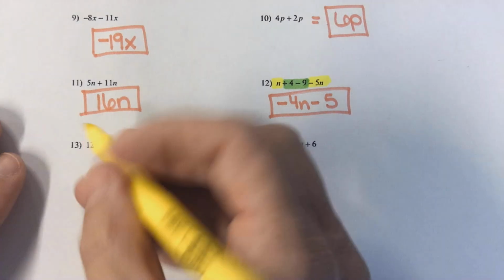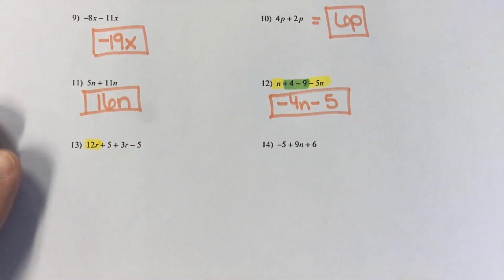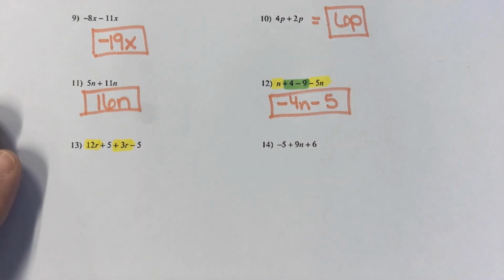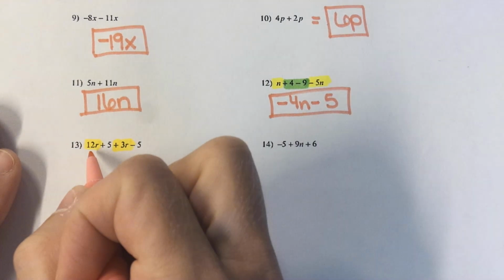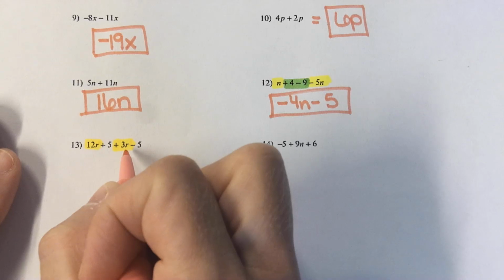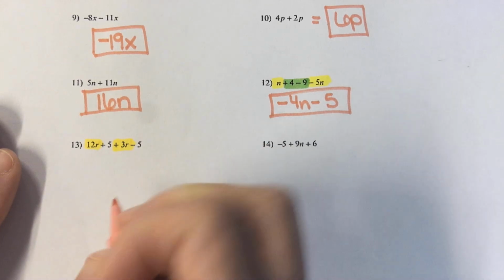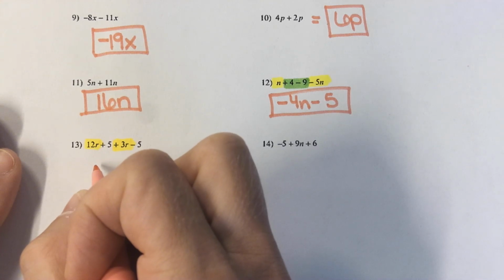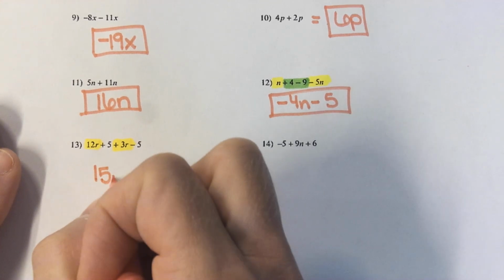Alright, James, I'm coming to pick on you. 12R, does 12R have a buddy? Yeah. Who? 3R. And when I add them together, how many R's do I have total? 12 plus 3? Yeah, 15 R's total.